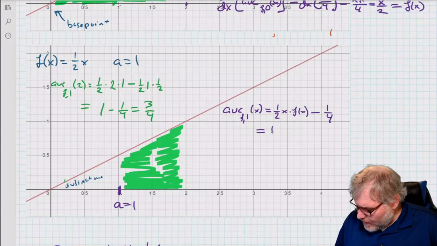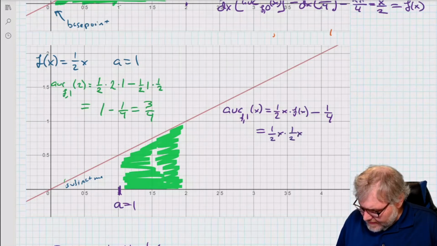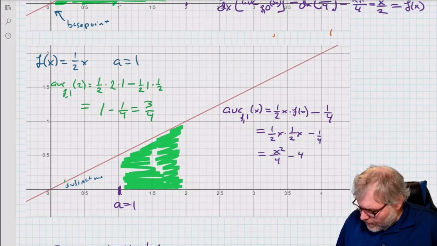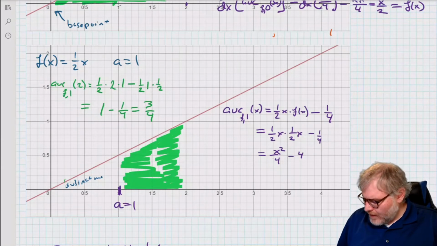Okay, so that's going to be 1/2 x times 1/2 x, because 1/2 x is f of x, minus 1/4, which is going to equal x squared over 4 minus 1/4. So that's AUC F1 of x.